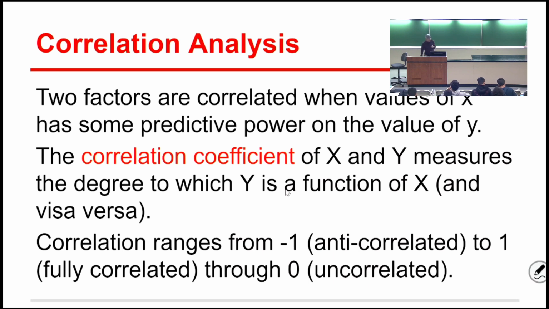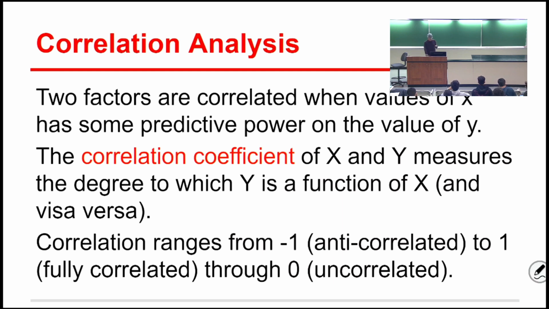And what is the correlation coefficient? It ranges from 1 if the 2 sequences are perfectly correlated. If I know the value of x, I absolutely know the value of y. To -1, which means that they are anti-correlated, meaning that whenever x is large, y is small.